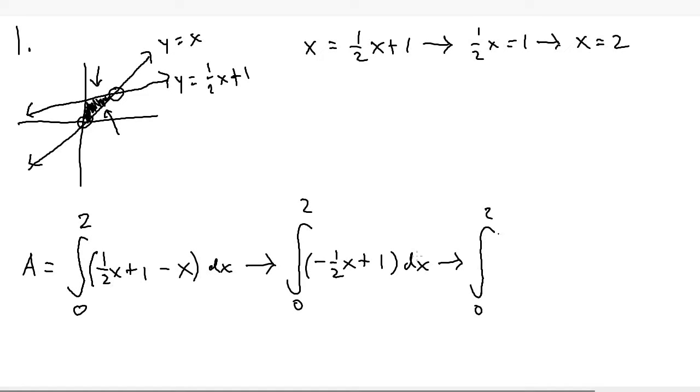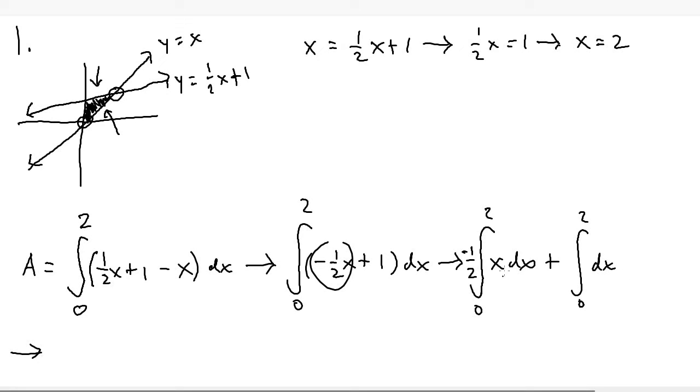From 0 to 2, the negative 1/2 is a constant, so it can come out front. Put negative 1/2 times the integral from 0 to 2 of x dx plus the integral from 0 to 2 of just 1 dx or just dx.